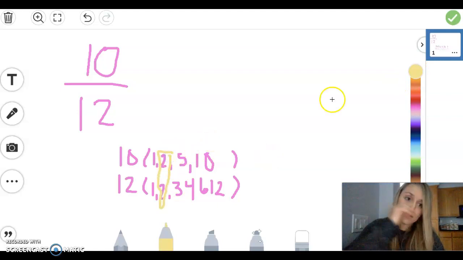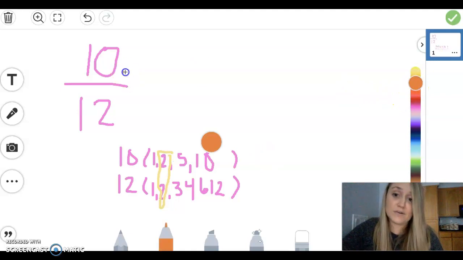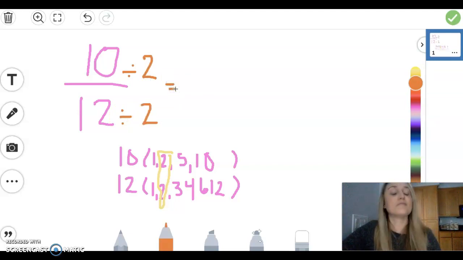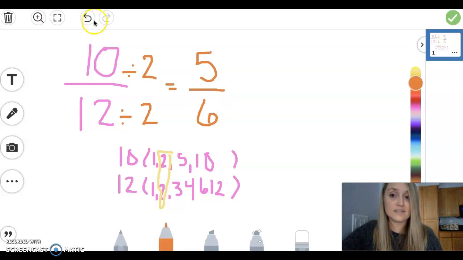So you can also divide to get equivalent fractions. Whatever I do on the top, again, I must do on the bottom. This doesn't always work because if, for instance, you had 1/2, you can't divide that. But sometimes when you do have numbers, you can also divide. So an equivalent fraction here would also be 5/6.